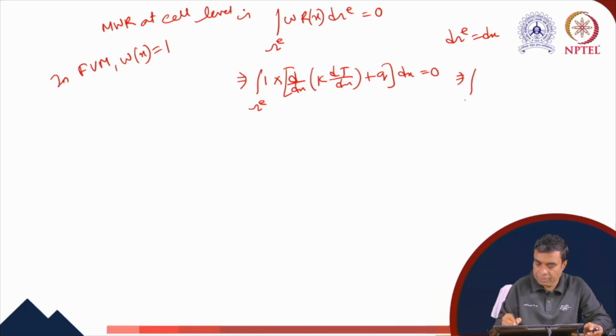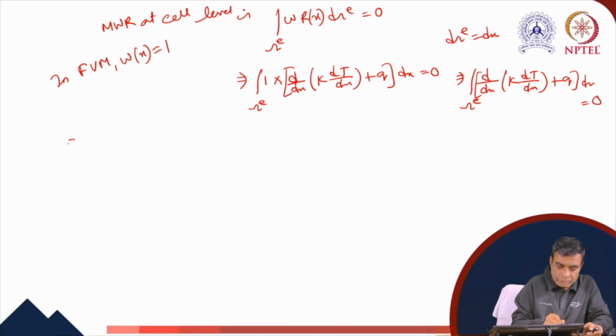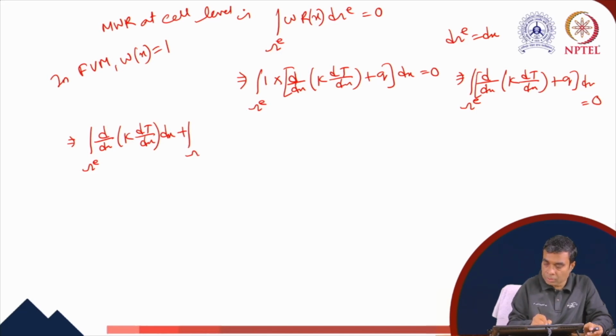This gives us integration over omega e of d/dx of (k dT/dx) plus q dx equals to 0. This we can simplify as integration over omega e of d/dx of (k dT/dx) dx plus integration over omega e of q dx equals to 0.